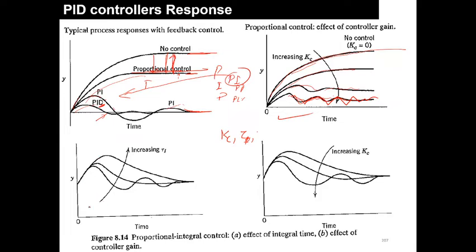So for that purpose, we increase tau I. We can see oscillation is higher when the value of tau I is less. As tau I increases, the oscillation becomes lesser, but at the same time the overshoot becomes higher. So this is the integral gain, in the case of the PI controller.